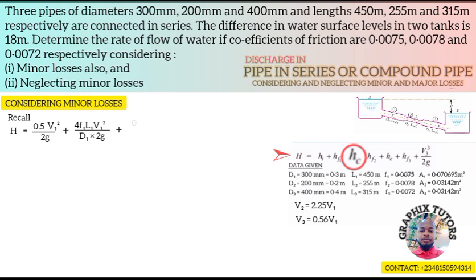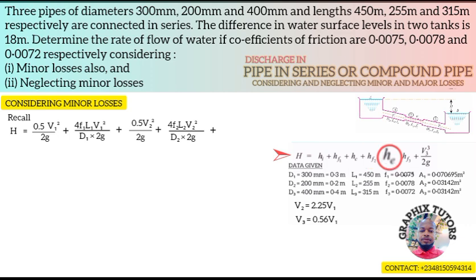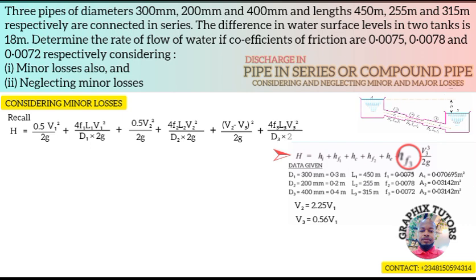So it's still giving us the standard 0.5 v2 square over 2g, plus the head loss due to friction at pipe 2, we have 4f2 l2 v2 over d2 times 2g, plus the head loss due to enlargement of the pipe, and we have v2 minus v3 all square over 2g, plus head loss due to friction in pipe 3, that'll be 4f3 l3 v3 square all over d3 times 2g, plus the velocity v3 square all over 2g.